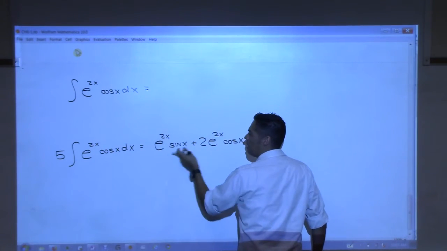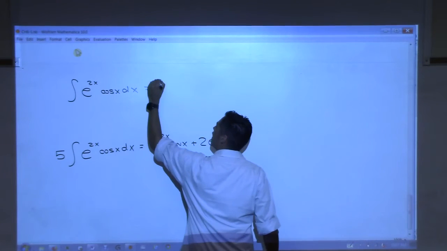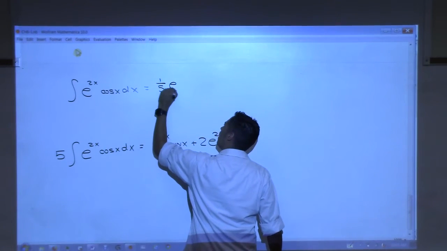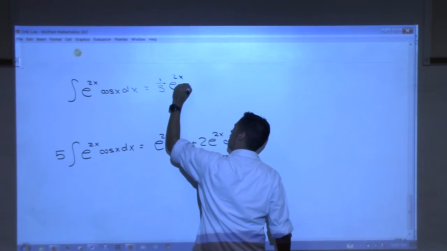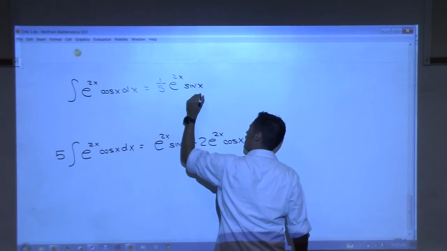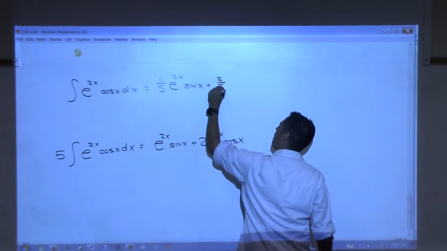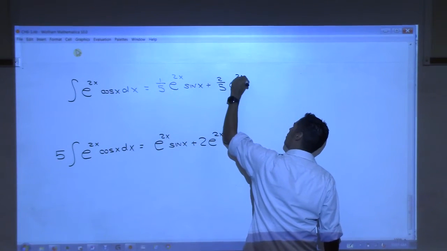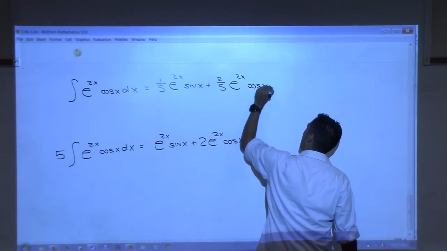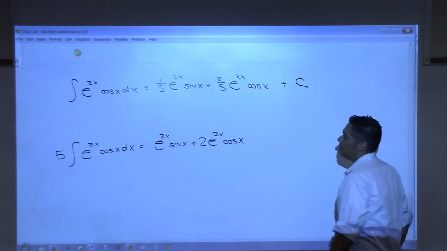Here I divide each one by 5. So 1/5 e to the 2x sine x plus 2/5 e to the 2x cosine x, and then I just remember it's the antiderivative, so I have to do plus c.